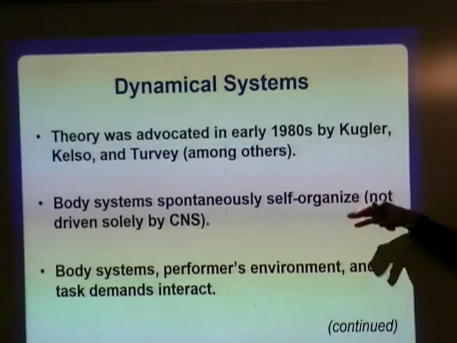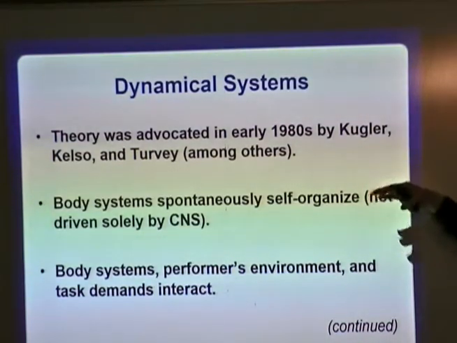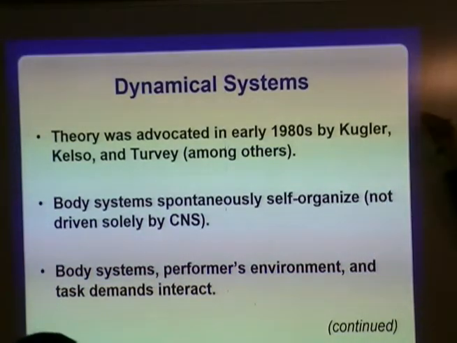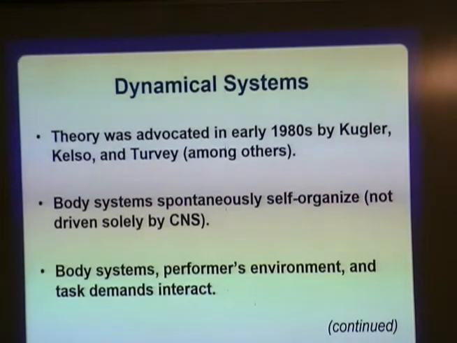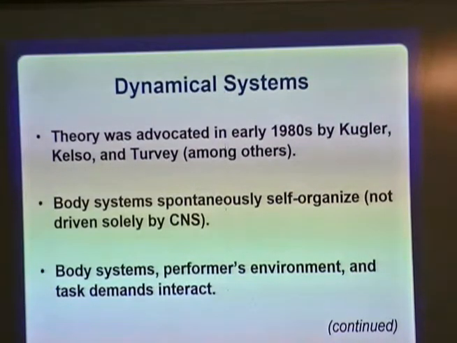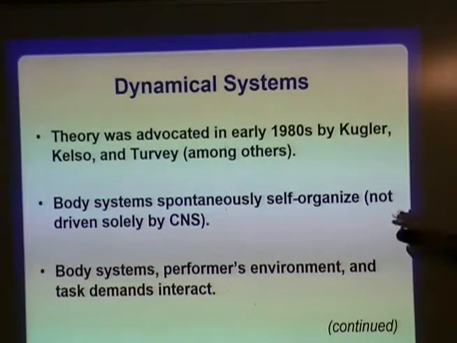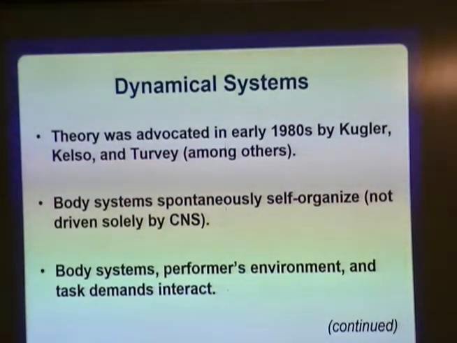Muscles don't have a decision-making system, so they can't self-organize. It has to be dictated by the brain. So there's a really big divide there. It's quite interesting to try to get people to be open-minded and look at both sides of the argument. So it's not driven solely by the central nervous system, perhaps.